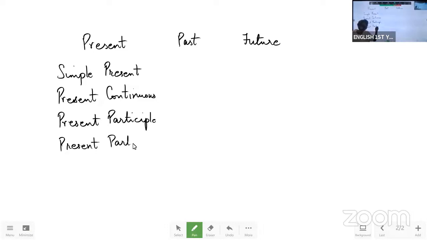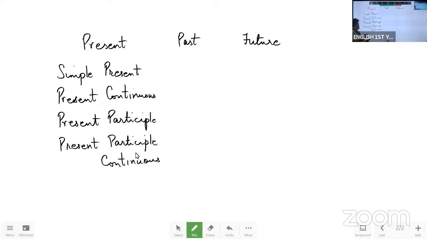The main thing that you should remember is, in the continuous form, you use the ing form, otherwise known as V4. And remember, children, there is a common error made by the children.